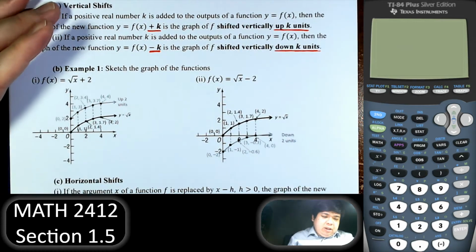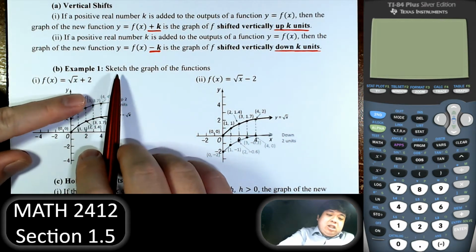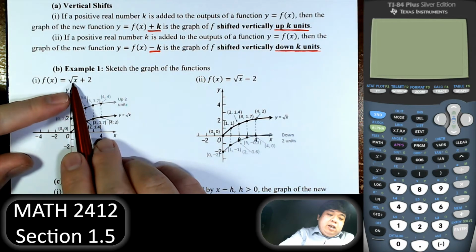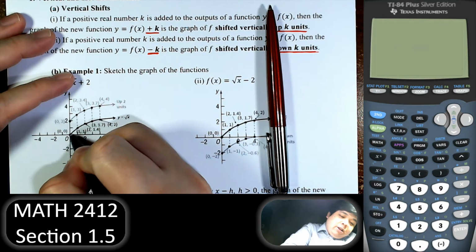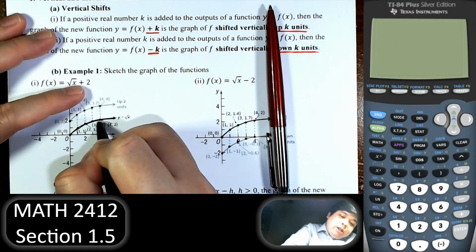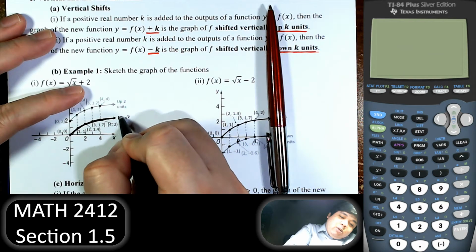So here we have an example. Let's sketch the graph of f of x equals square root of x plus 2. First we have the basic graph, y equal to square root of x. That is the basic graph.